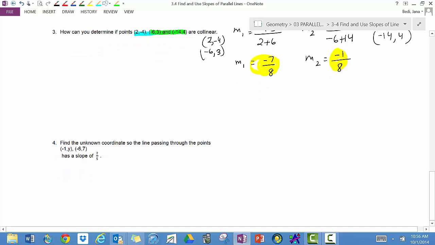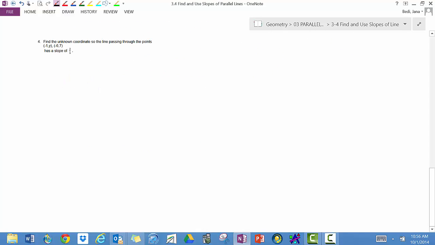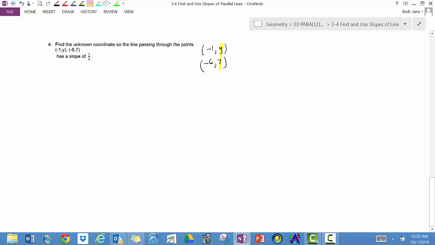Okay, number 4. Find the unknown coordinates. So the line passes through the point negative 1, y. I'm going to do what I always do. I'm going to write my points down. Negative 1, y, negative 6, 7. So these are my y coordinates, and I'm going to write my slope formula down. m equals y2 minus y1 over x2 minus x1, and I'm going to plug and play.